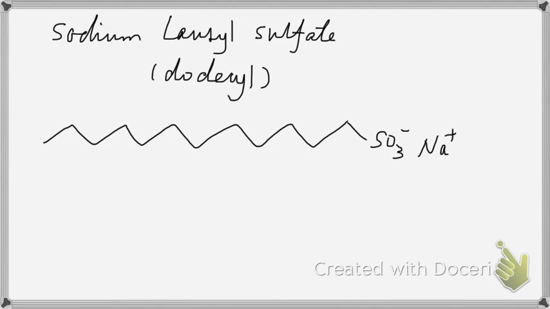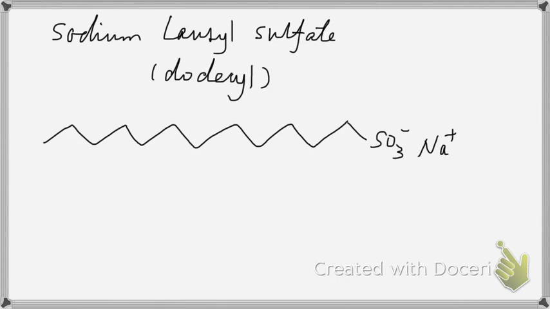For example, here, sodium lauryl sulfate. Lauryl is dodecyl, which means the 12-carbon chain. So here's the structure with 12 carbons attached to SO3 minus. That's sodium dodecyl sulfate. It's one type of detergent. It works in the same way as we just described for soap in micelles.